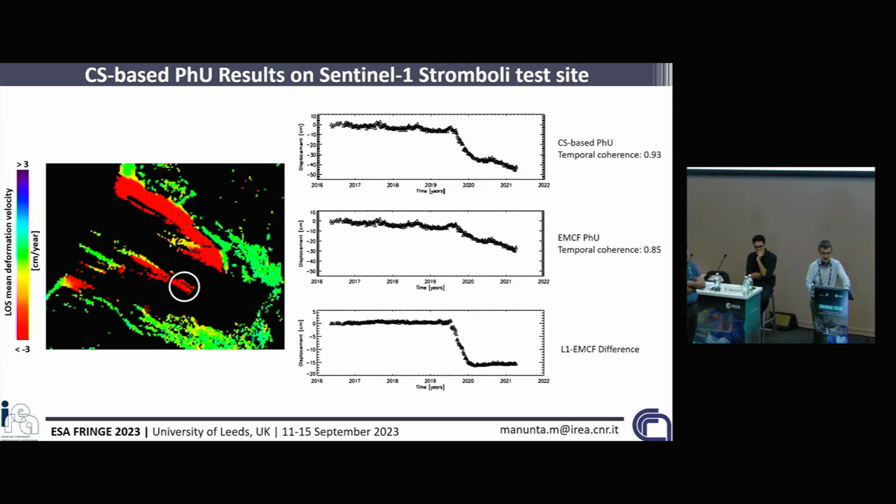More interesting, in the middle of the Sciara, where the total deformation exceeds 40 centimeters, we correct a jump of about 20 centimeters in correspondence of the 2019 activity. And this nonlinear behavior cannot be detected with the EMCF.